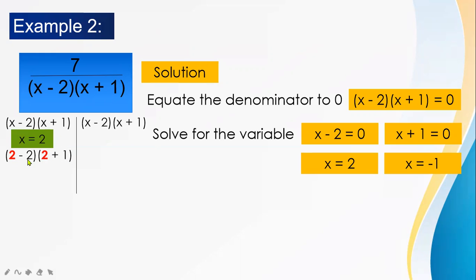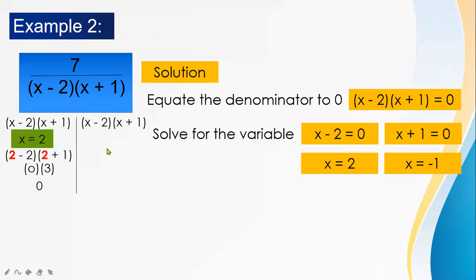Then 2 minus 2 is 0, and 2 plus 1, the answer is 3. If you multiply 3 times 0, the answer is 0. Next, we have x equals negative 1. So change x to negative 1: negative 1 minus 2, then negative 1 plus 1.